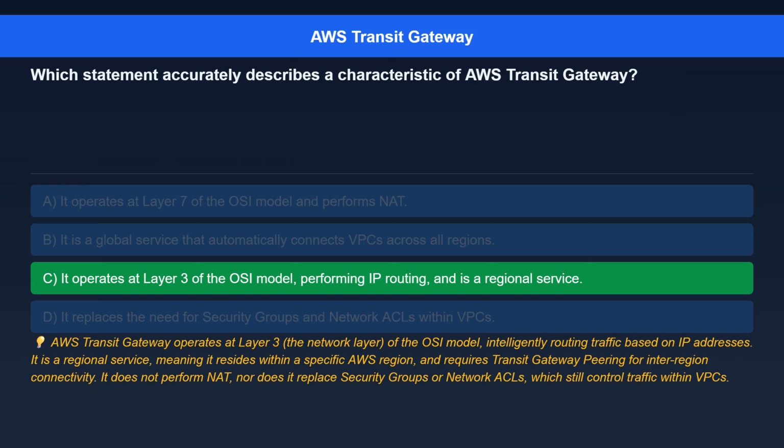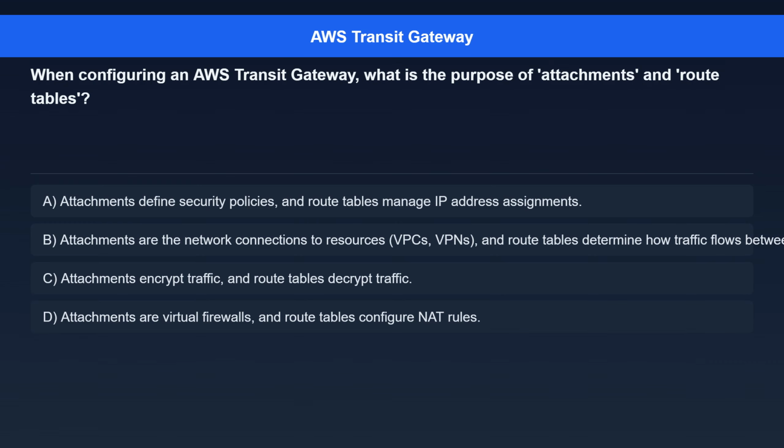It is a regional service, meaning it resides within a specific AWS region, and requires transit gateway peering for inter-region connectivity. It does not perform NAT, nor does it replace security groups or network ACLs, which still control traffic within VPCs.